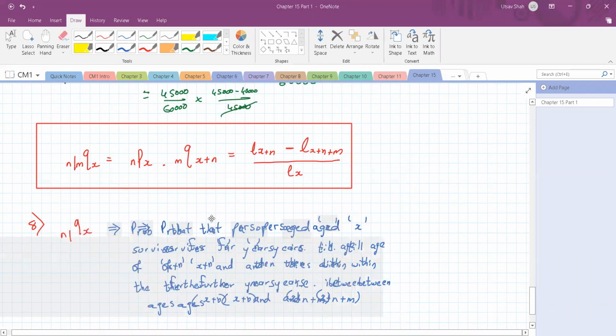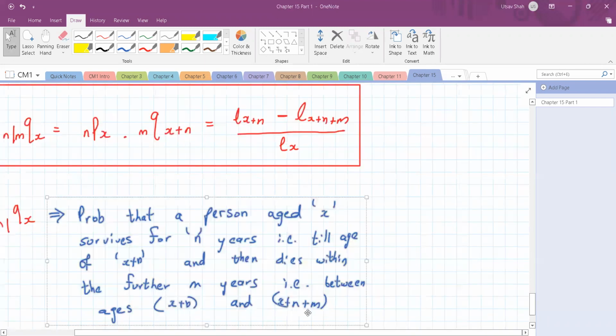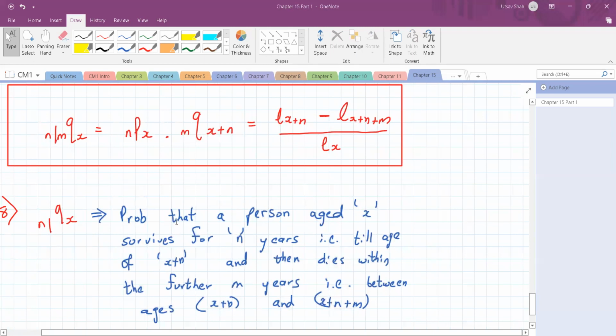This is the probability that a person aged x, that first line will always remain the same, that a person aged x, but now what is this deferred? When there is no m, this means it is n deferred 1qx, that is m equals 1. If m equals 1, you don't write anything here, it just disappears.